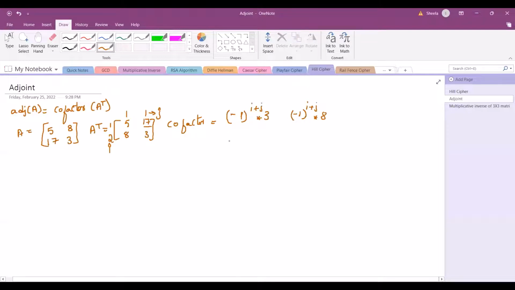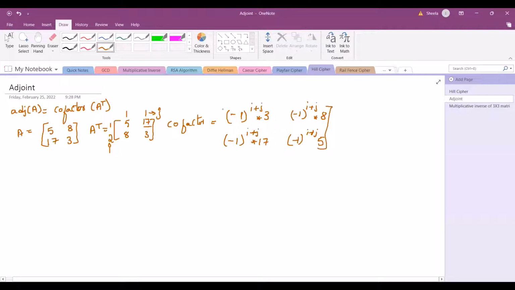Similarly, when I consider the cofactor of 8, again I take minus 1 to the power of i plus j. Here I need to skip this column and row because 8 is present in this column as well as in this row. So the value is 17, and the corresponding value for the last element is 5.